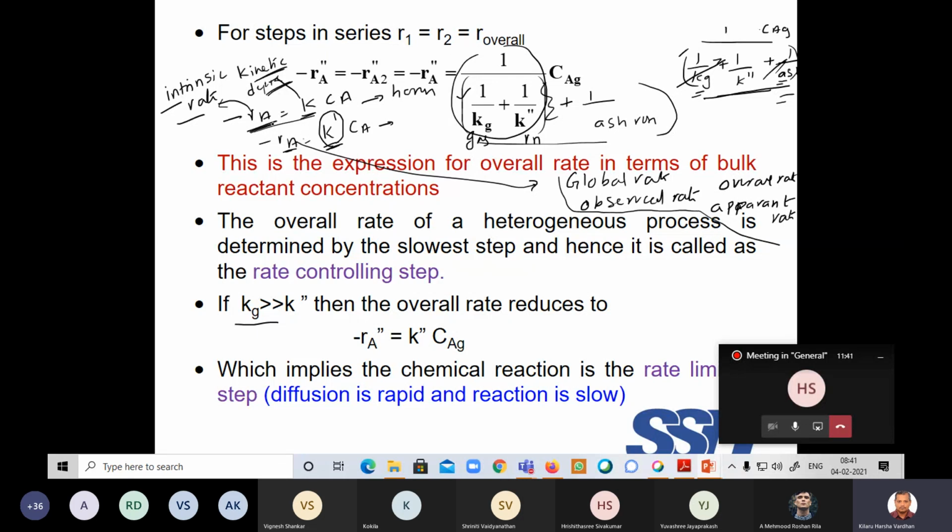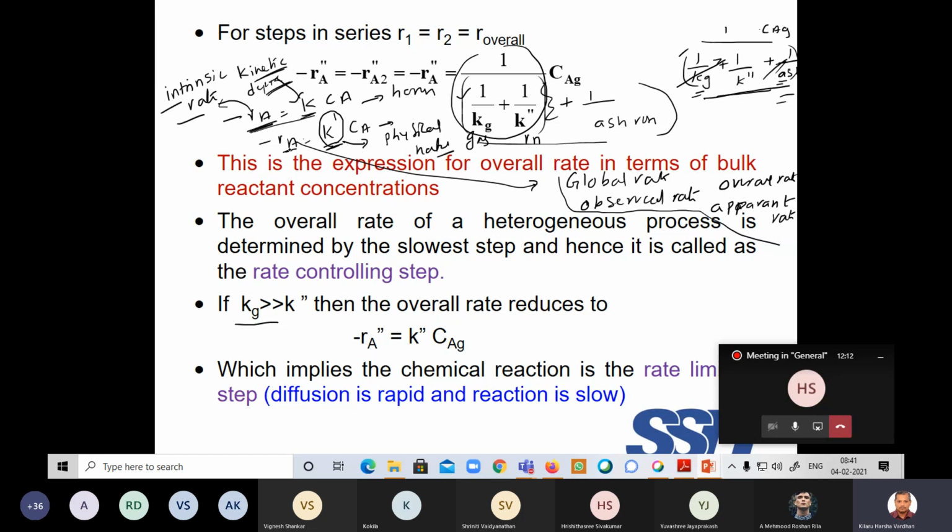Intrinsic rate is nothing but only the kinetic, no physical components involved, whereas the rate which you get including the physical nature, that is, whether the solid is porous or not, or whether ash is formed or not, involves not only the chemical term but also the physical nature.